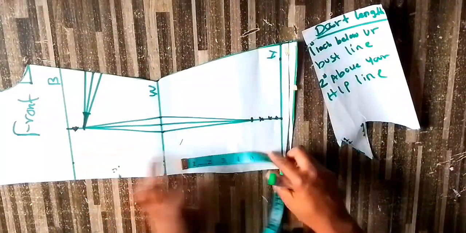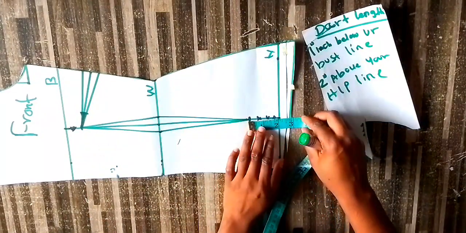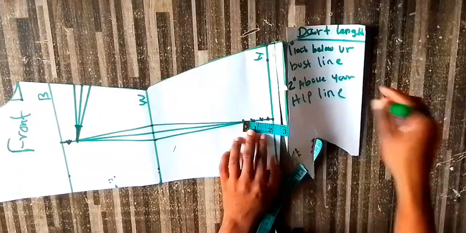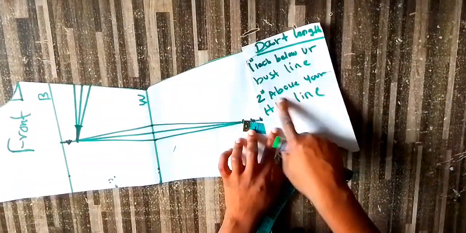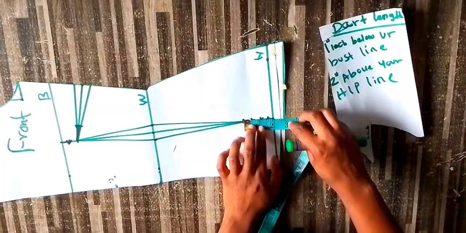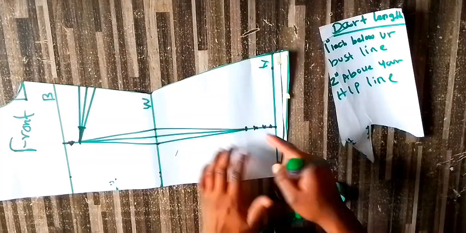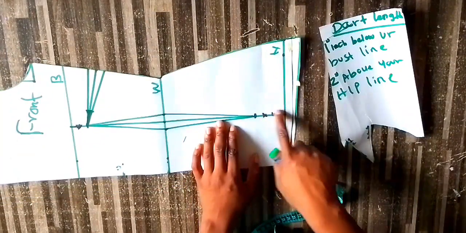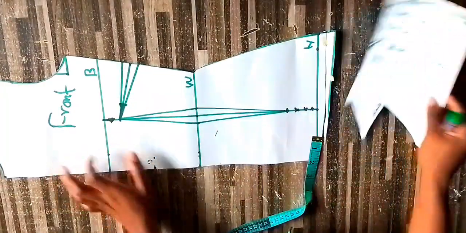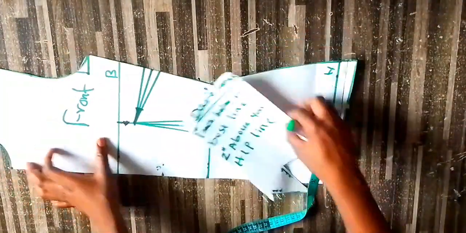And on your hip, you go up by 2 inches, and I hope you can see the mark clearly. Above your hip line, you go up by 2 inches. After doing that, you just take your waist measurement, half inches on both sides, and you connect it, and that's all for this part.